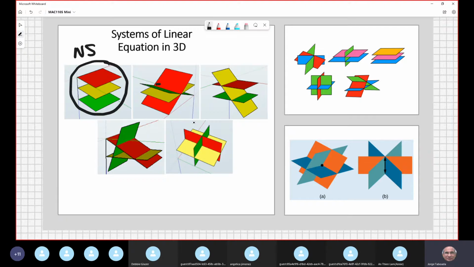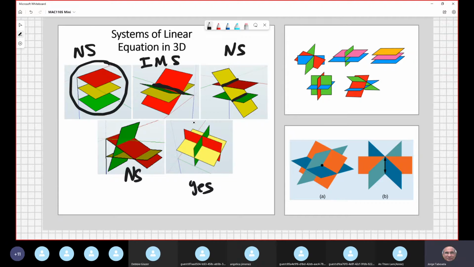In this case, yes, it's intersecting, but not in a point, using a line, so we have infinitely many solutions. In this case, no solution also, because between the yellow and the red plane we have a solution, and between the yellow and the green we have a solution, but we have no solution between the red and the green. We need to find something common between red, yellow, and green. Here, no solution also. And here, yes.